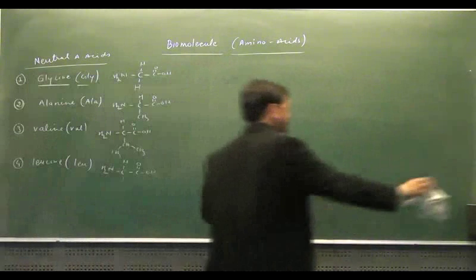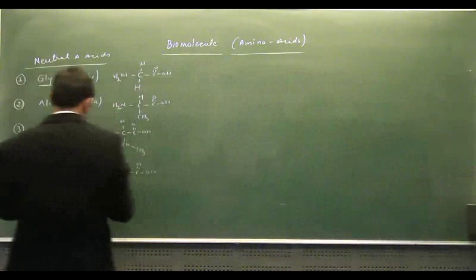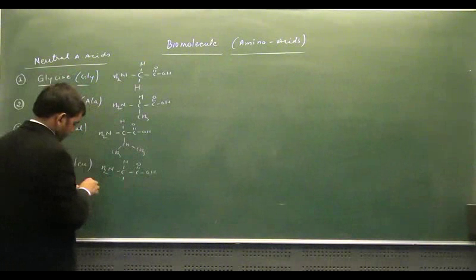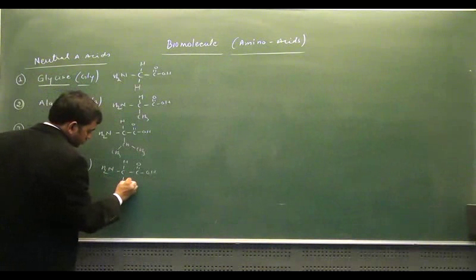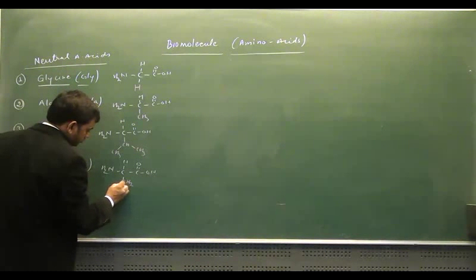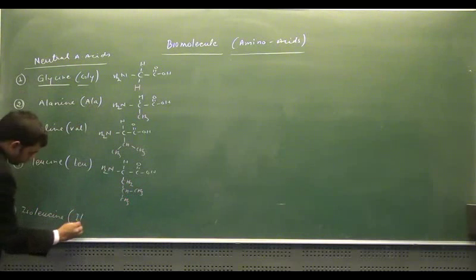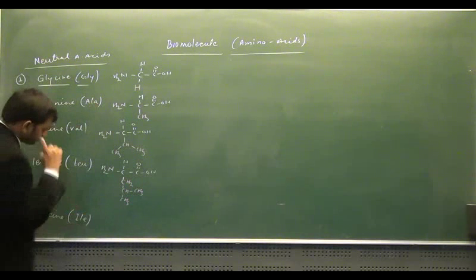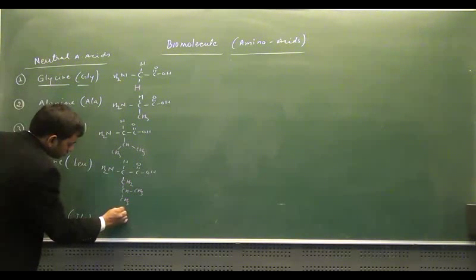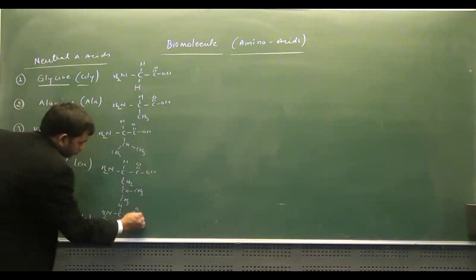We can write its condensed form so that we can write all these 20 amino acids here. CH2, CH3, CH3. Fifth, isoleucine. C, H, NH2, COOH.